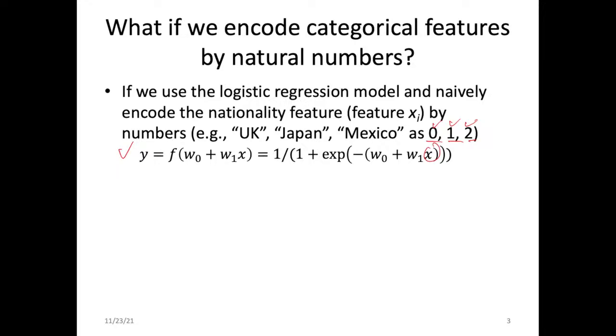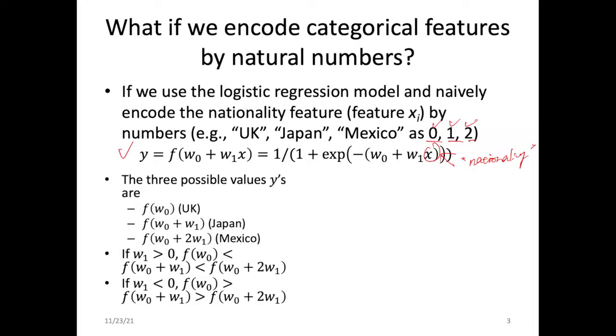Let's say this is the feature of nationality, x. If we use 0, 1, 2, then x can only be 0 or 1 or 2. Then in this case, the predicted y can only be one of these three cases, right?